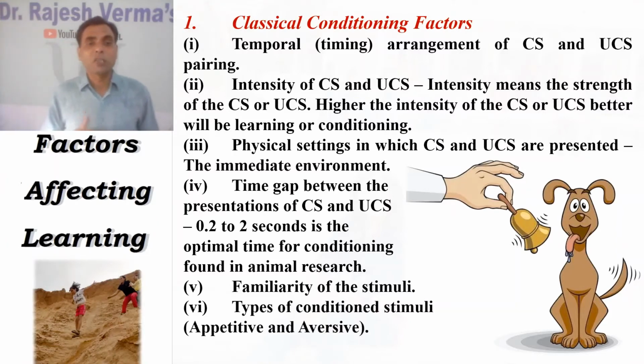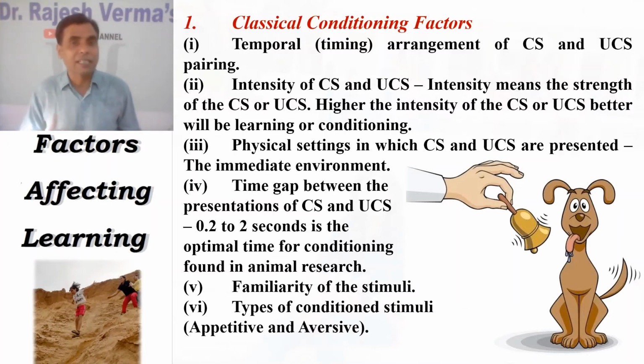The sixth factor that affects classical conditioning is the type of conditioned stimuli. The type is also important, whether the stimulus is appetitive or aversive. If the stimulus is appetitive, the conditioning is rapid, quick, and long-term. If it is aversive, it is also long-term, but it takes a little more time, or may not occur.